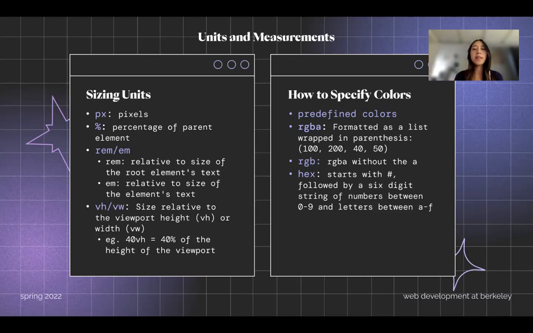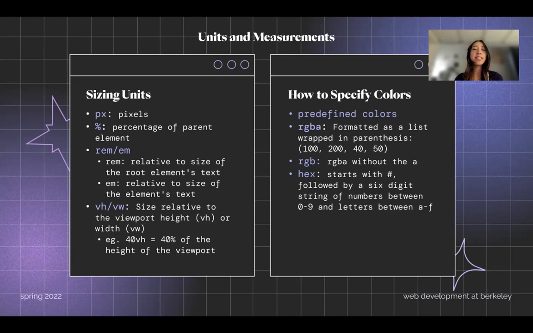So that's nice if maybe you made a div and then you put text in it, and you want the text to be sized relative to that div that's holding it. Next you have rem and em. I don't know if they're said like that, but that's how I say it. But rem is relative to the size of the root element's text.